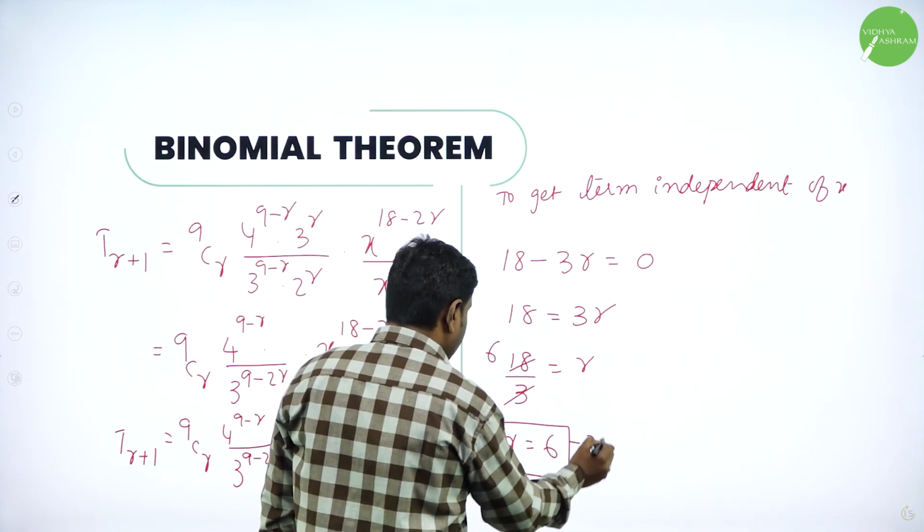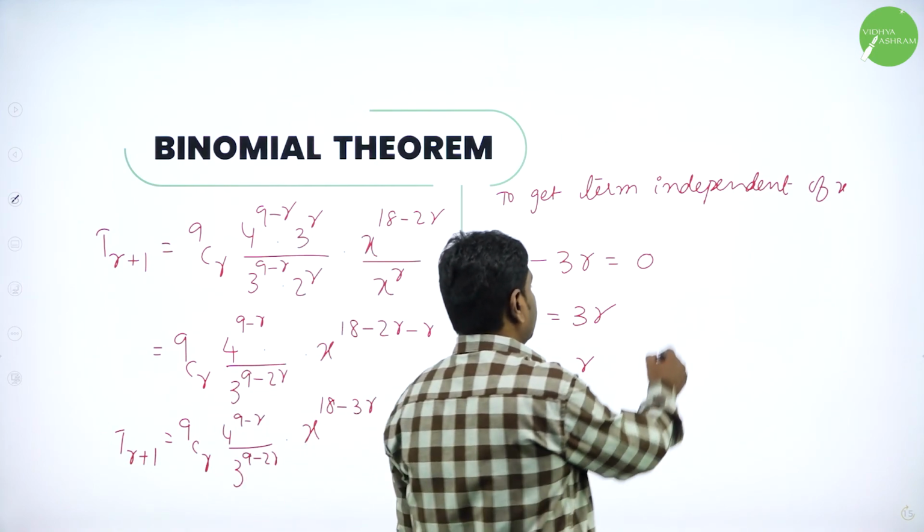Now put the r value in equation 1. Put r equal to 6 in equation 1.